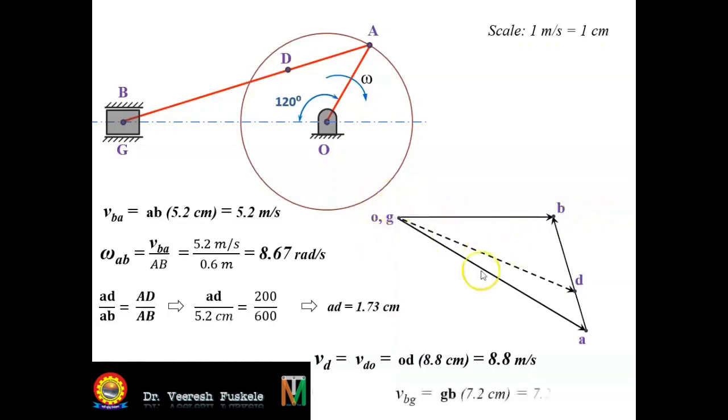Vector GB is measured as 7.2 centimeter. So the velocity of the slider, that is velocity of B relative to G, is 7.2 meter per second. So this is how you get the angular velocity of the link AB as 8.67 radian per second and the velocity of point D as 8.8 meter per second. And this is how you draw the velocity diagram for the slider crank mechanism.